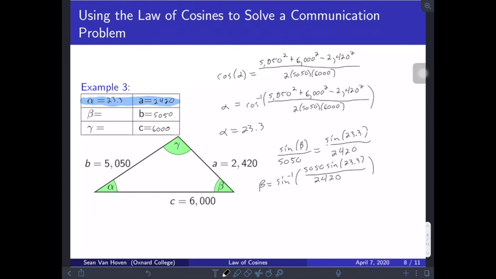And then calculating this, we end up with our beta being equal to about 55.6.